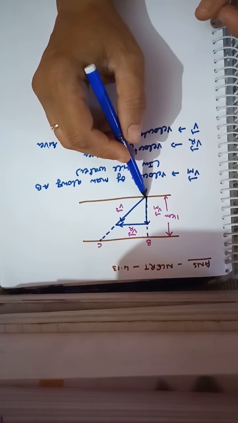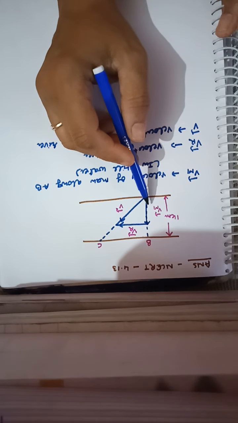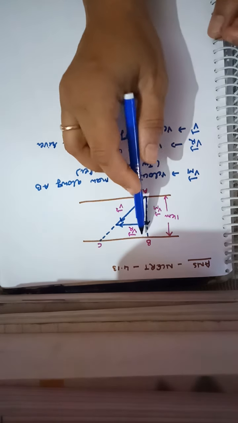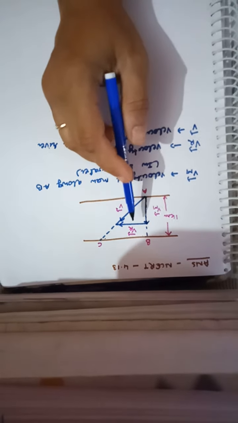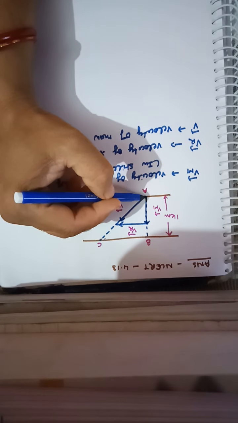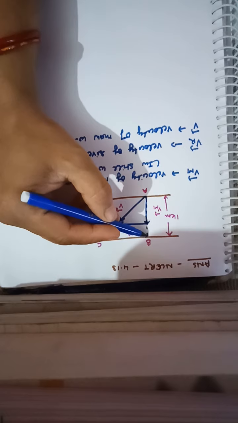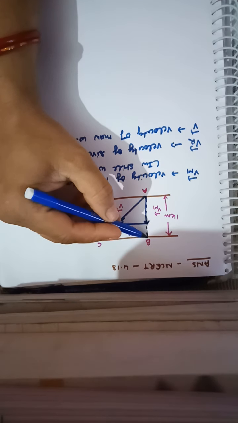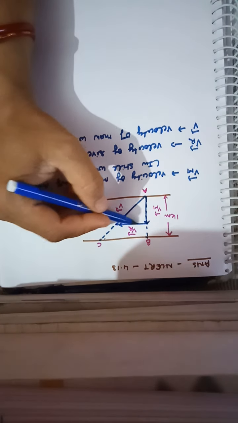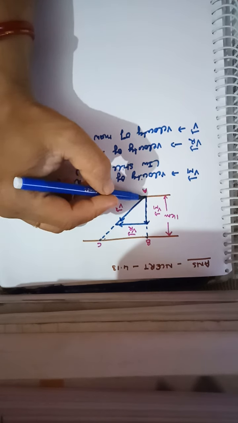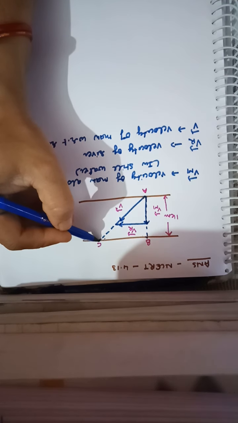How far from the river does he go when he reaches the other bank? So you have to find this distance. Because in still water he can cross the river in this direction and reach the point B. But along with the river current, he will reach the point C. Why?